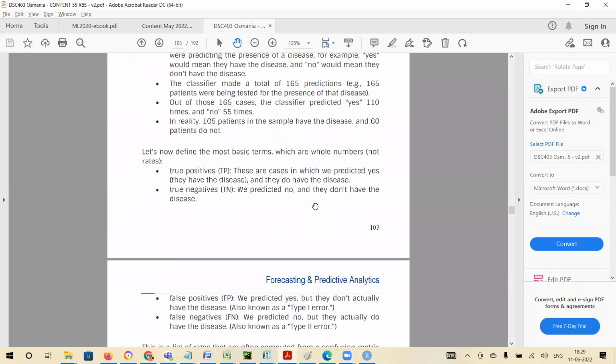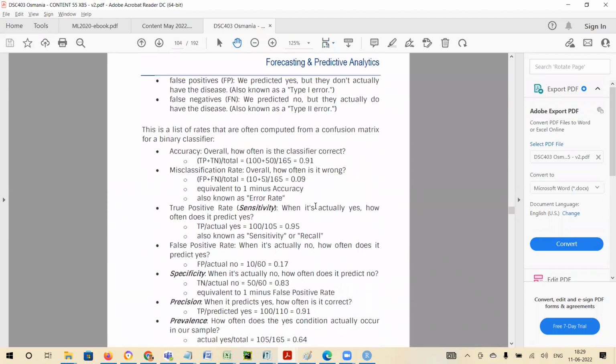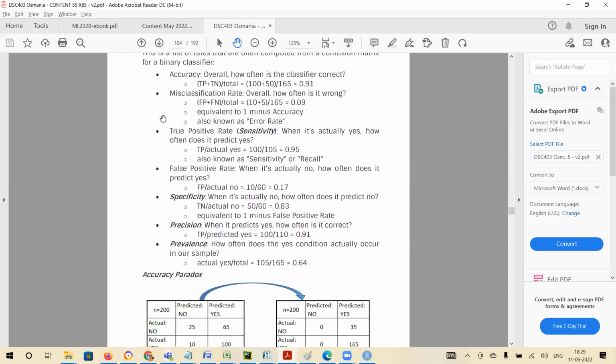So what are the different metrics? Metrics are accuracy, misclassification rate, sensitivity, specificity, precision. Most commonly it is accuracy. Accuracy you must not forget. After that you can talk about misclassification or sensitivity or specificity, precision, prevalence.